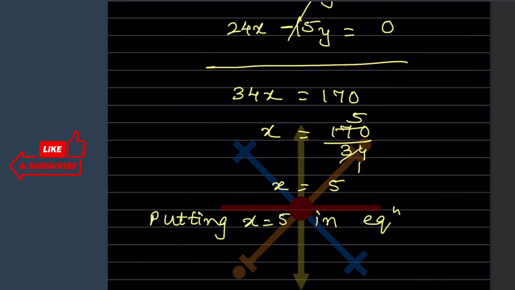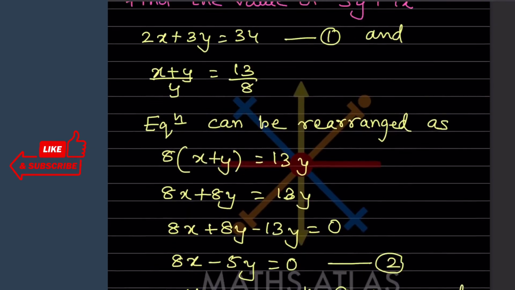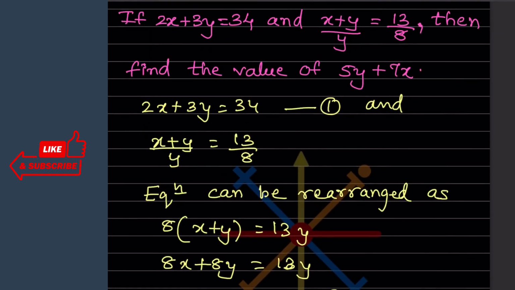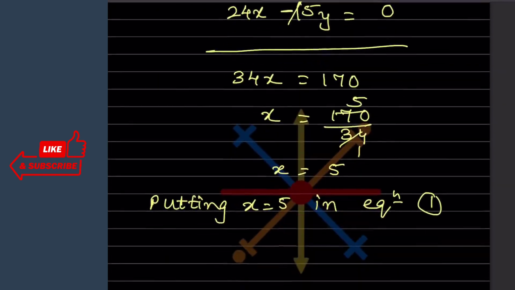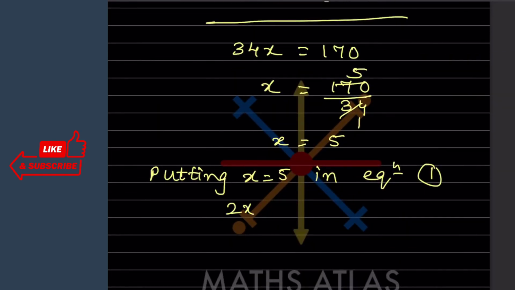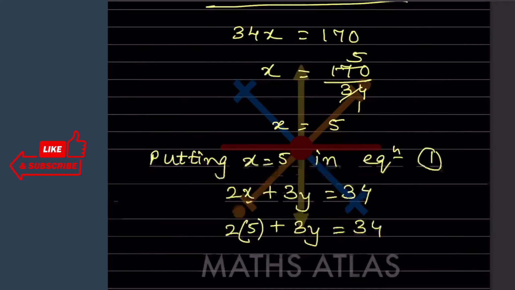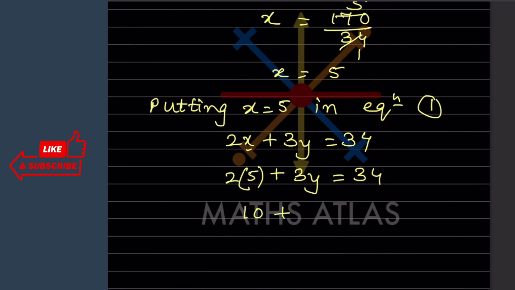Let us put it in equation number 1, that is 2x plus 3y is 34. In place of x, I will put 5. So 2 into 5 plus 3y is 34. So this is 10 plus 3y is 34.